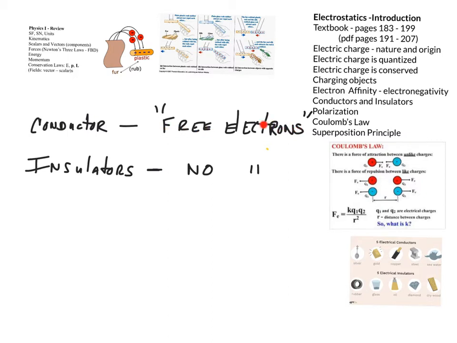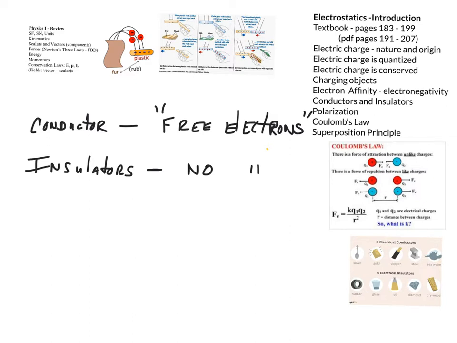Conductors have free electrons. So if you take a conductor like copper, inside the copper are electrons that are not attached to the individual copper atoms, and they're free to move through the copper. Something like glass, which is an insulator, has no such free electrons.